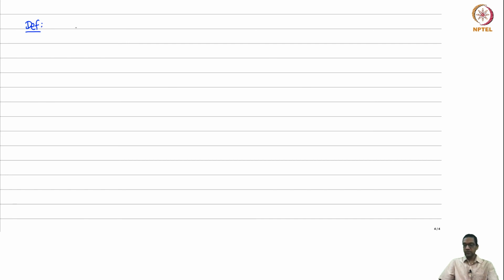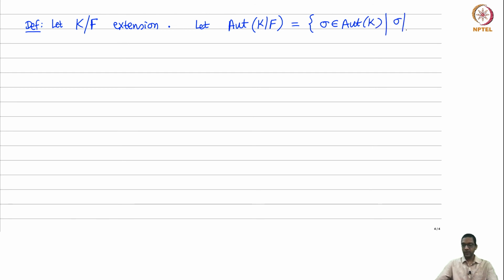So I just talked about the group of automorphisms. Now if K is an extension of F, so K over F, let K be an extension of F, then we define Aut(K/F) to denote the set of all field automorphisms of K which have the following property, that when you restrict them to F, it just gives you the identity map on F. Okay, so this in fact came up earlier when we talked about normal extensions and so on.